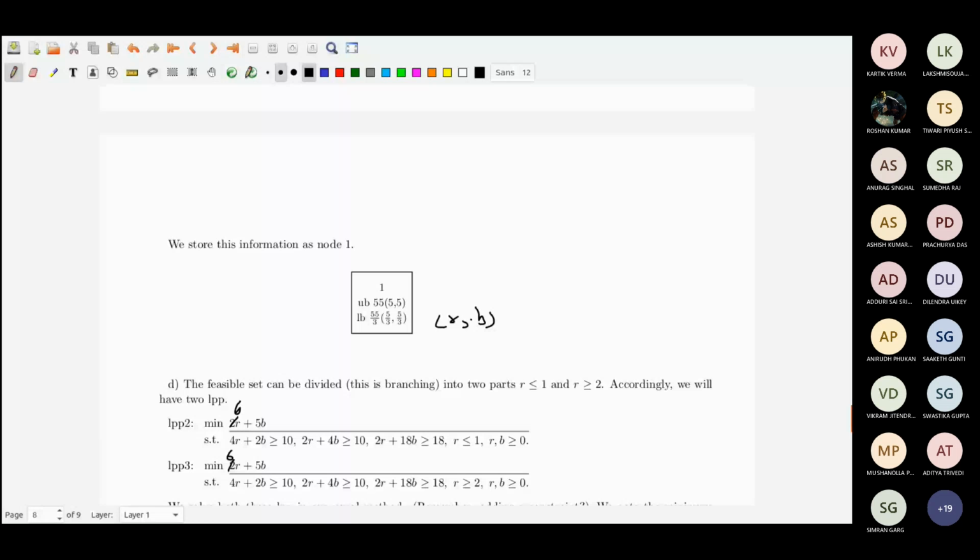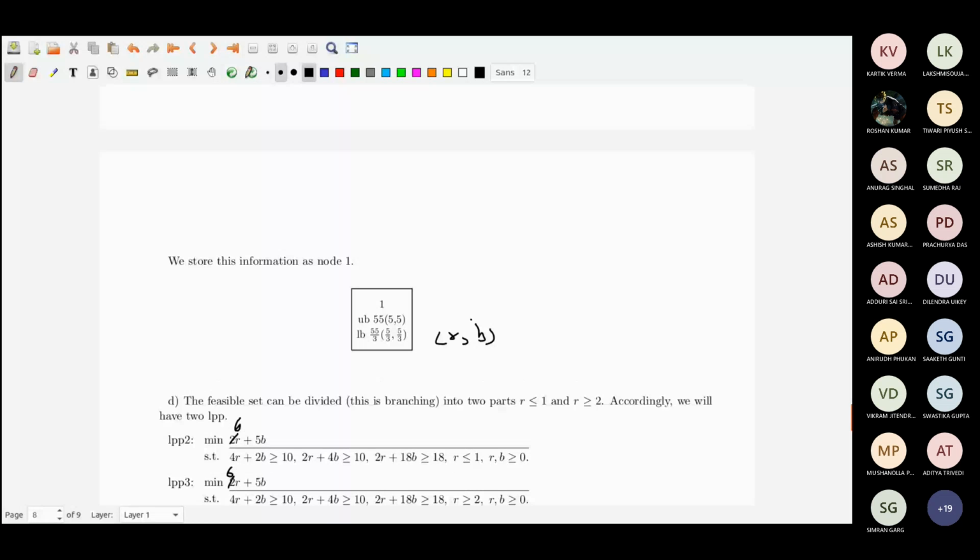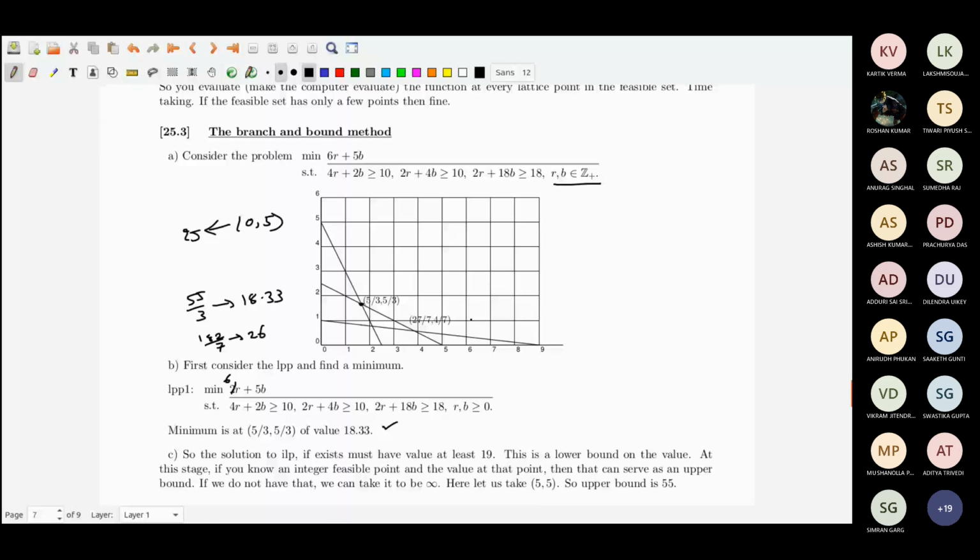Essentially, what you are doing now, you are looking for R less than equal to 1, so that is this side, that is the R less than equal to 1 part of the feasible set, this side. And then R greater than equal to 2 part of the feasible set.